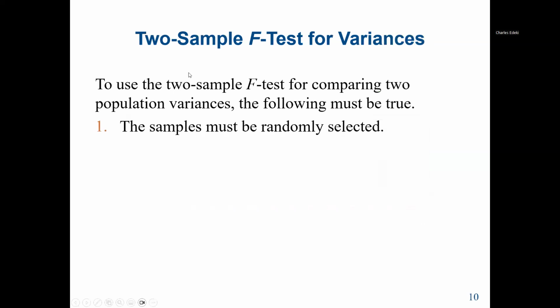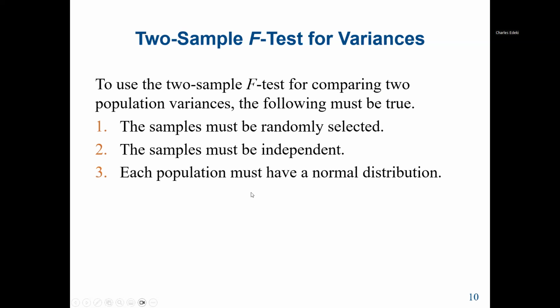Now, to use the two-sample F test for variances. In the first two examples, we learned how to find only the critical value. Now we are going to perform hypothesis testing. To use the two-sample F test for comparing two population variances, the following must be true. First, the samples must be randomly selected and independent.